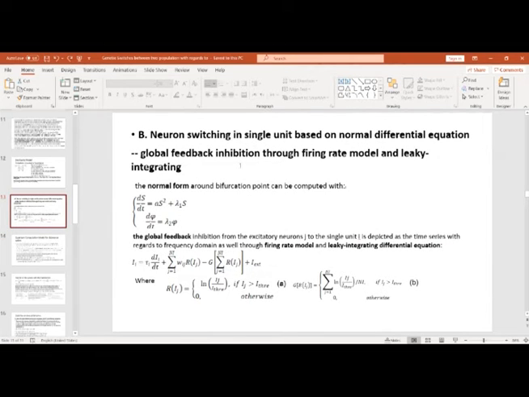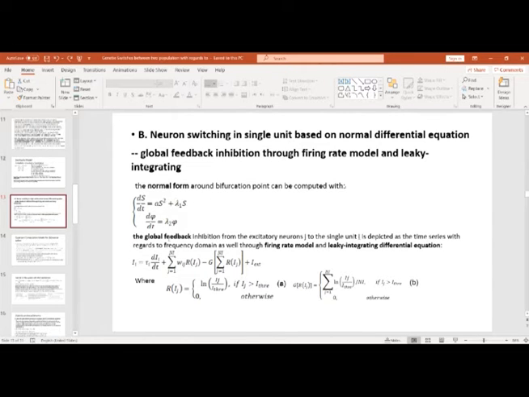So for the second model, it's then based on the membrane potential and the phase.